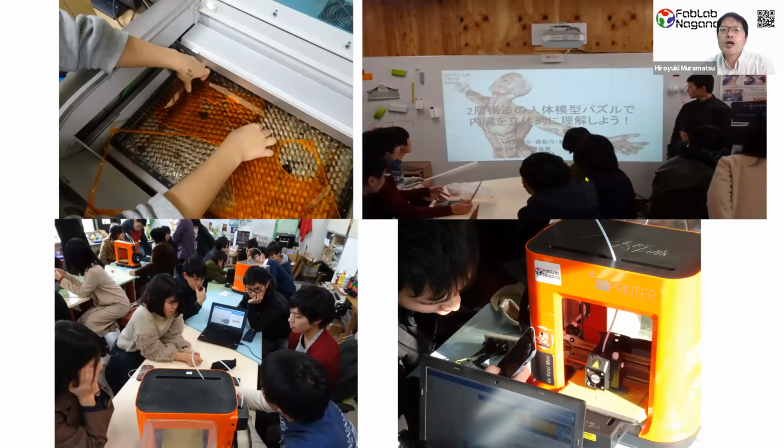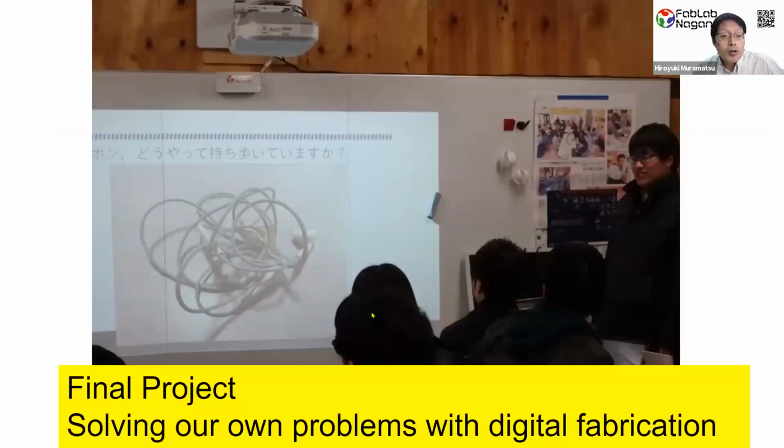This team presentation is a teaching material for the human body, made using laser cutters and a 3D printer. So this picture shows the final project, where each student solves their own problem with digital fabrication, using a cutting machine, laser cutter, or 3D printers.